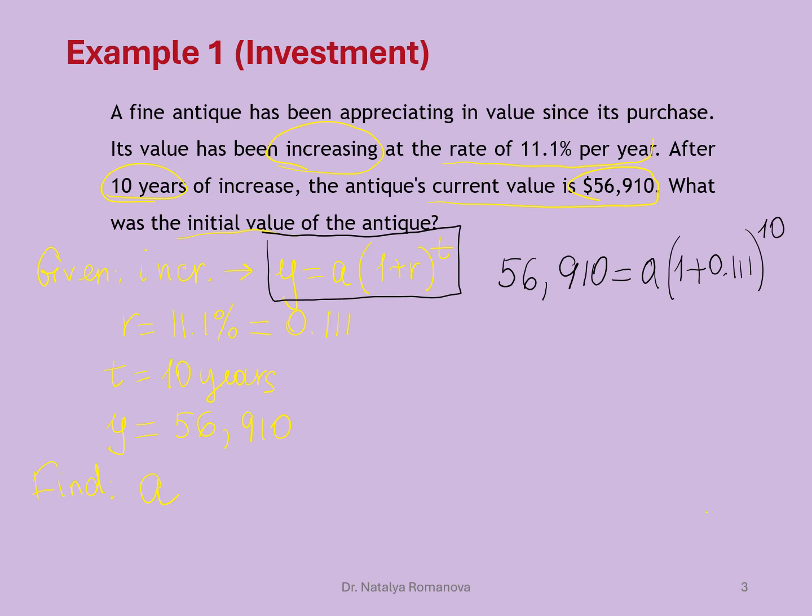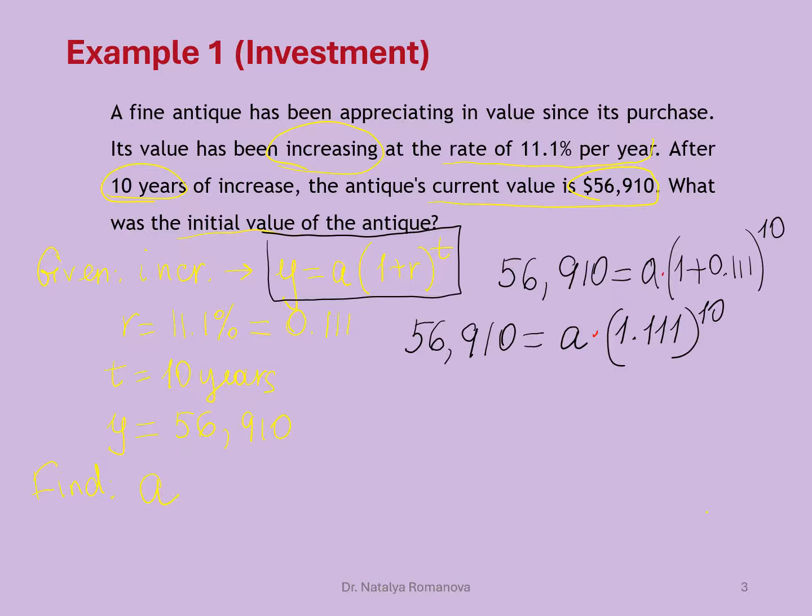So the right side of our equation is multiplication. We have a times (1 plus 0.111) to the 10th. We can simplify and write 56,910 equals a times 1.111 to the 10th. It is multiplication. How can we find a?